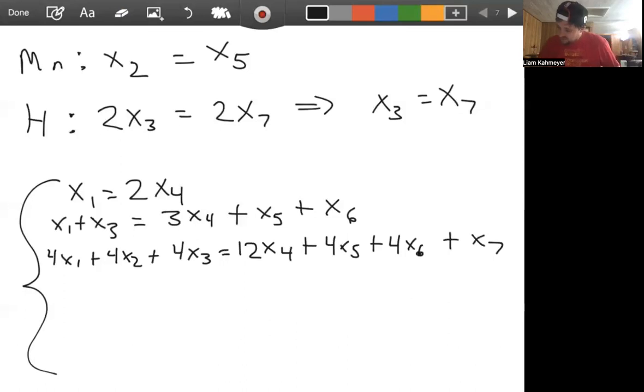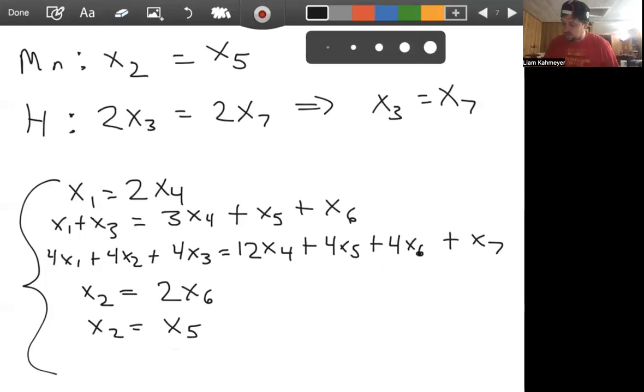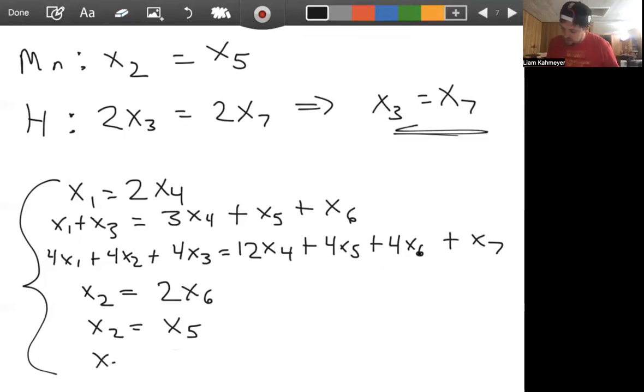Then we have x2 is equal to 2x6. And then we have x2 equals x5. And then 2x3 is equal to 2x7. How about let's simplify and go ahead and divide. So we have x3 equals x7.